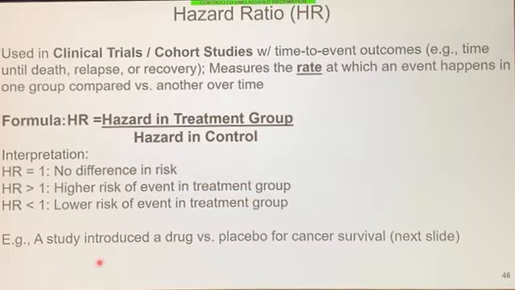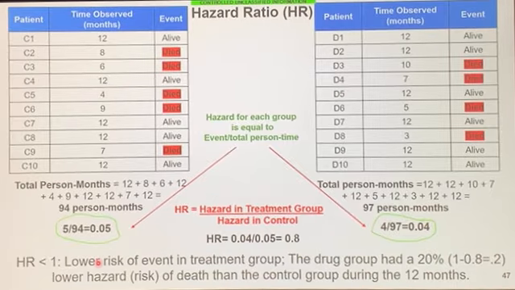So in this study, we're looking at a drug that's used for cancer survival. So we have the drug group versus the placebo group. And one important variable in this study is total person months. This person months metric is what allows us to account for the entire time a person is in the study.